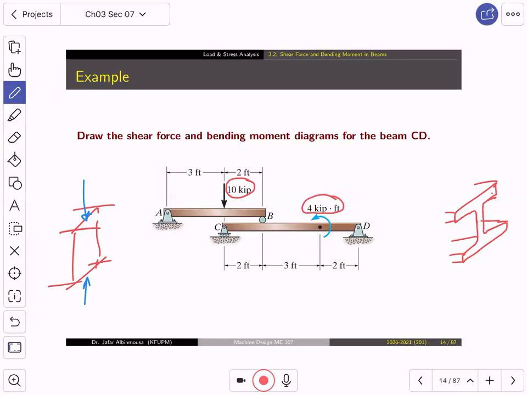But if you take the I-beam like this and support it from here and from here, and then apply a load, it's going to cause it to bend. Bending is a totally different stress. So beams are structures designed to take bending load.